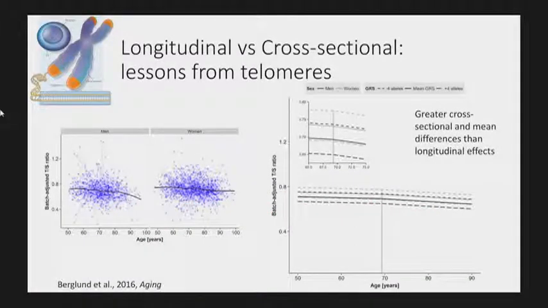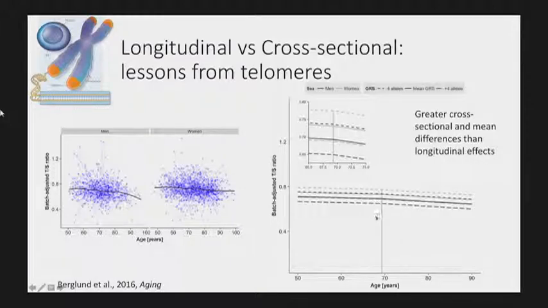So here's the example. Here are telomere assessments. And what we actually have is telomere assessments longitudinally on men on the left and women on the right. And the dots are connected, so those are individuals. On the right, what you see are the differences for men and women, solid lines, dependent on a function of their genetic risk score for telomere length.